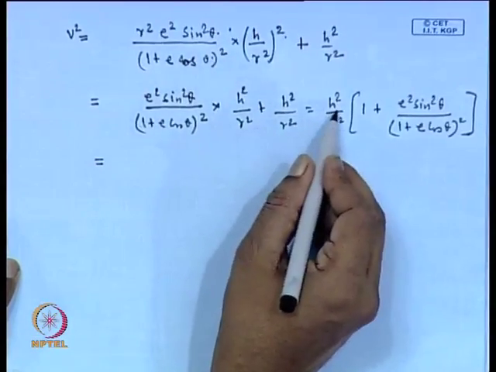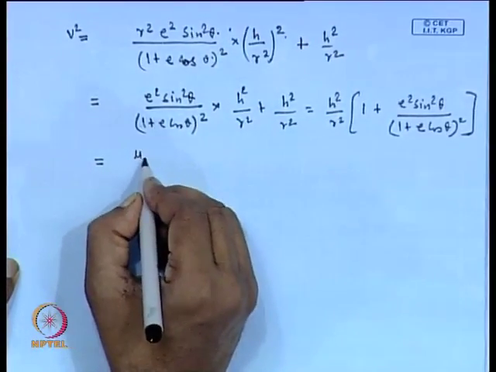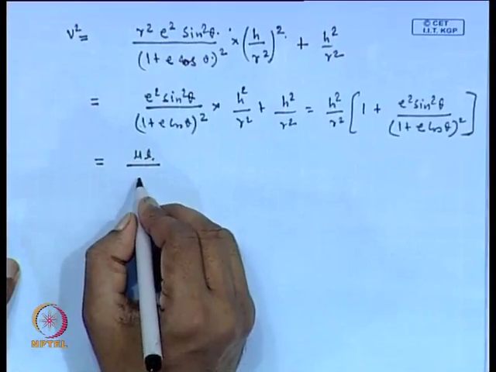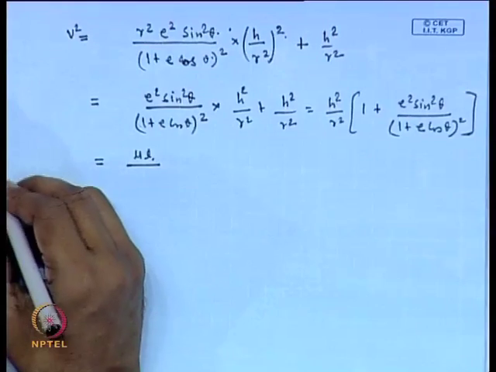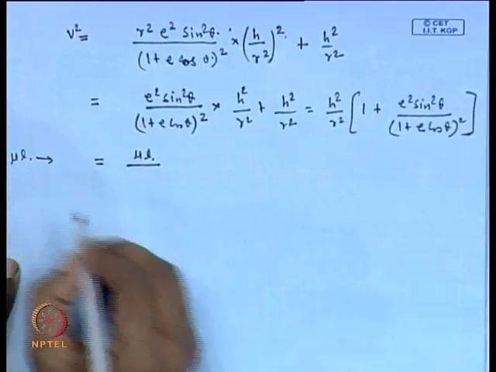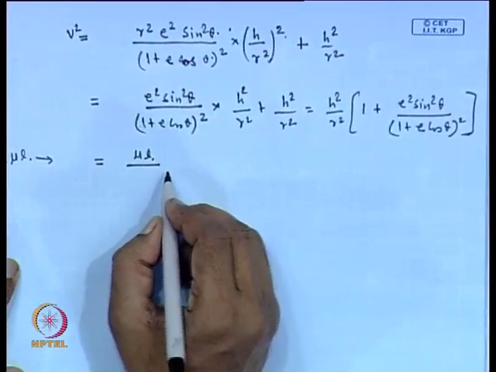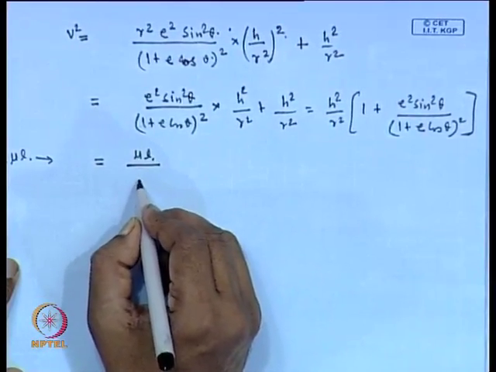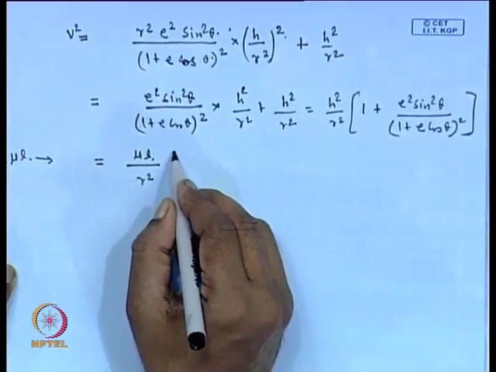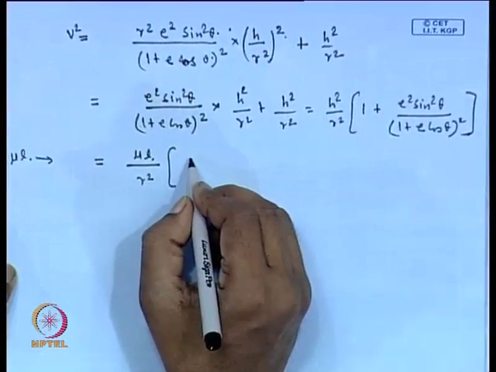Okay. The quantity h square is nothing but mu times L, if we remember from our earlier derivation. So, here we are substituting h square is equal to mu times L. Okay. Here substituting into this, so this is mu L by r square and then we further solve it.